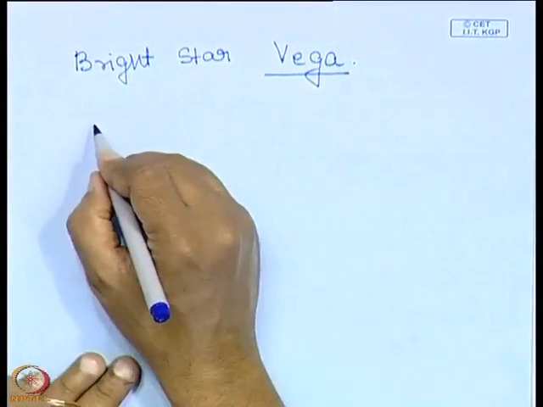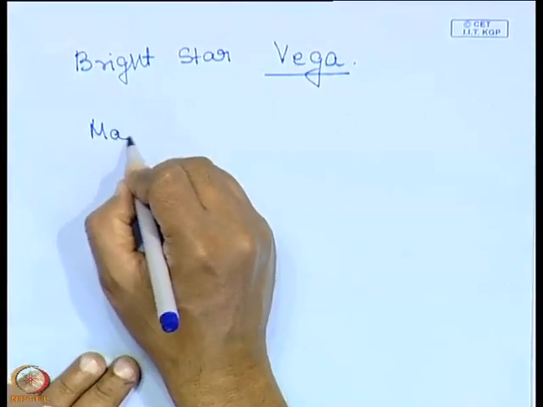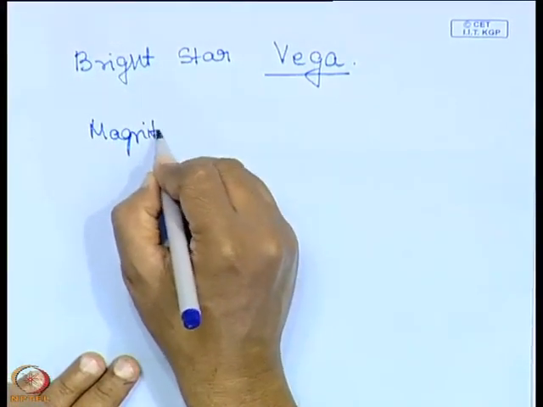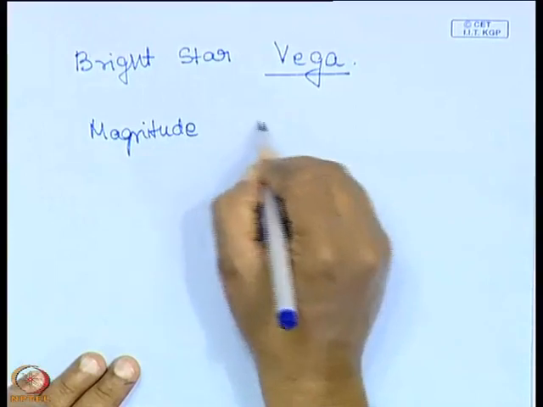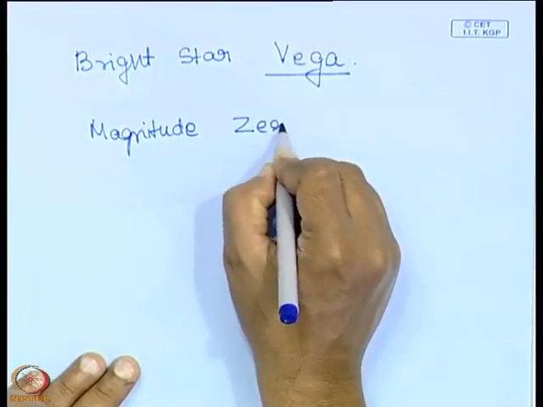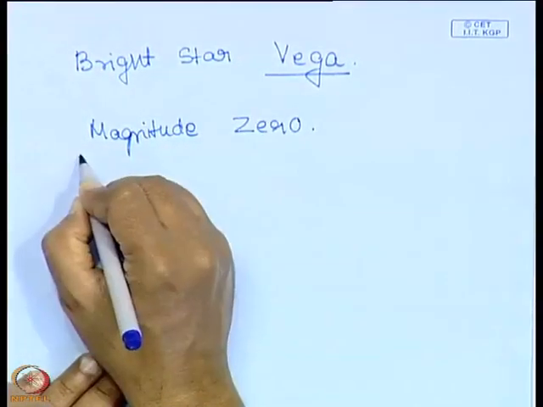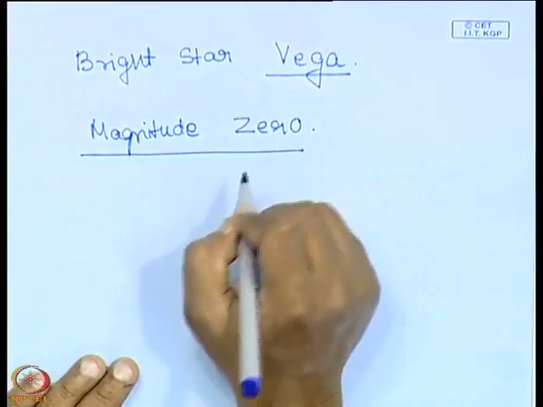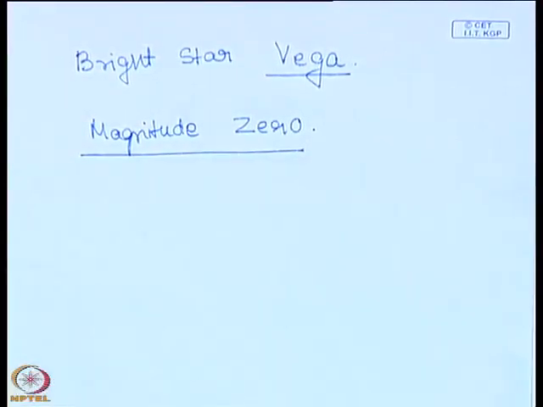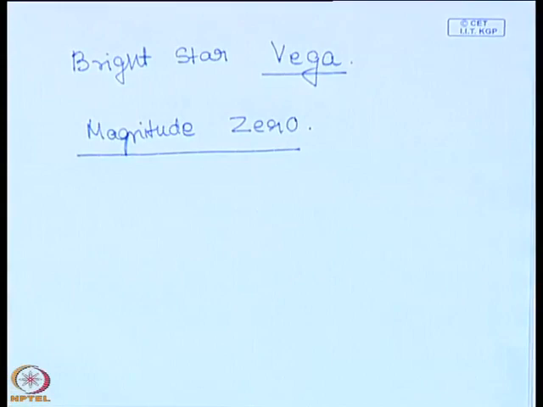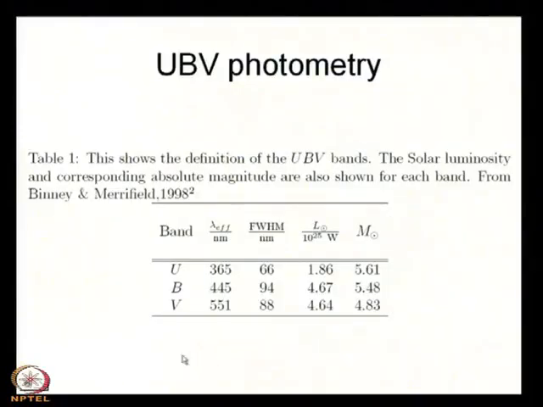So this has apparent magnitude 0. This sets the 0 point of the magnitude scale. Having told you this, now let us go back to the table that we were looking at. Let us look at the table.